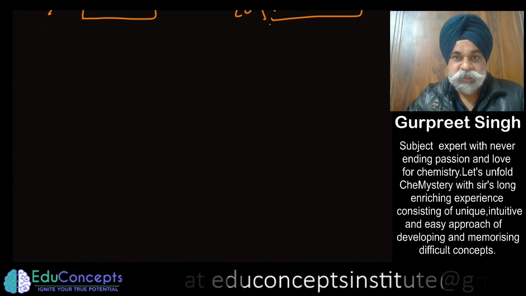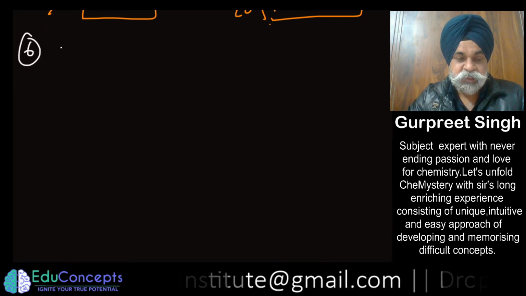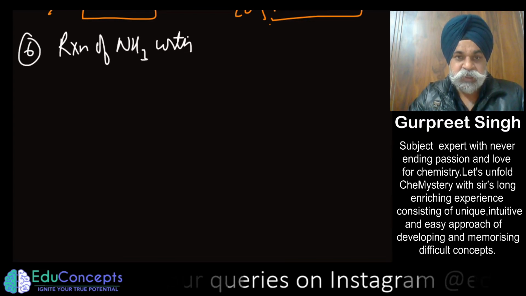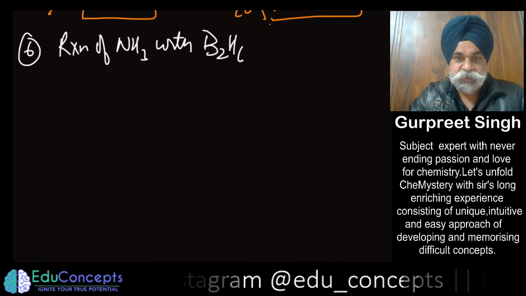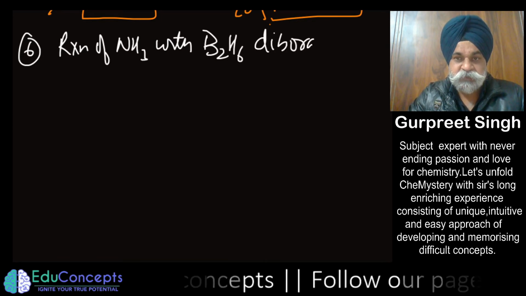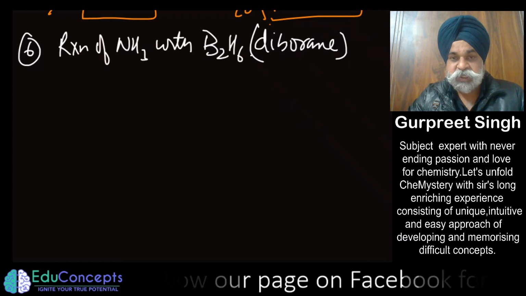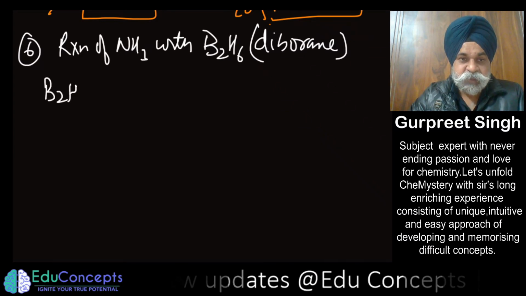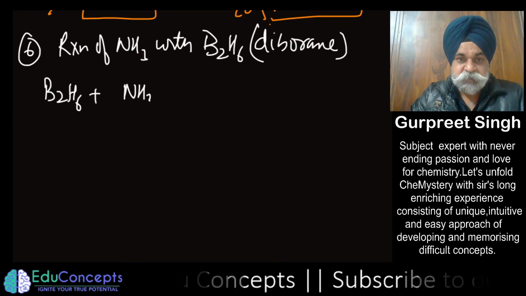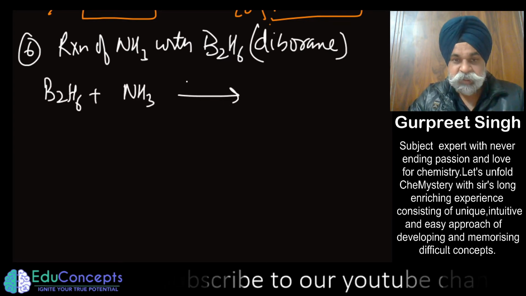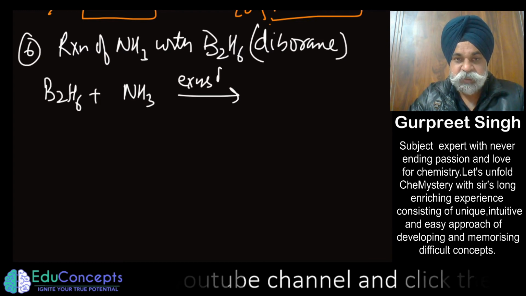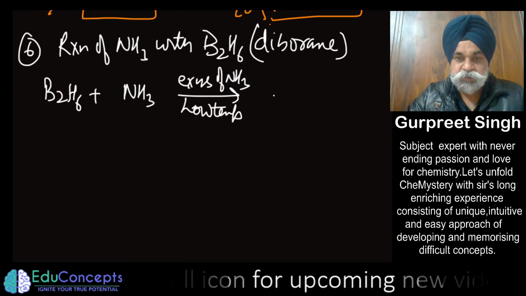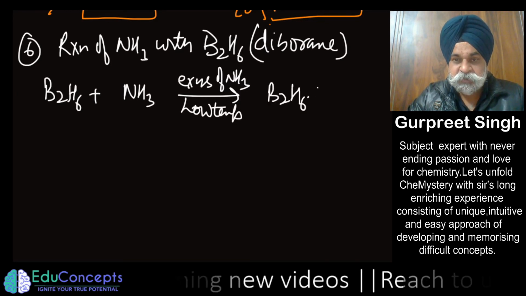Now reaction number 6. The sixth reaction is the reaction of ammonia with diborane, B2H6. This also is a very important reaction from p-block group 13. If you have B2H6 treated with ammonia, in excess ammonia but at low temperature, you end up getting an adduct.